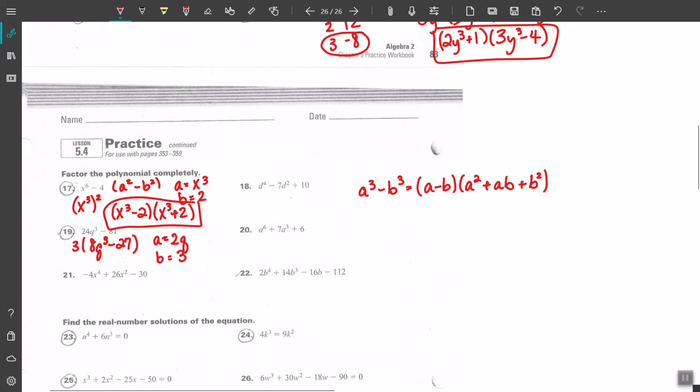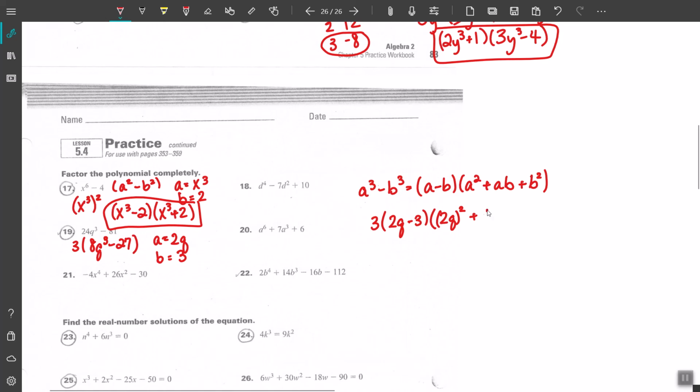So if I come over here, I can't forget about this 3, that GCF I pulled out. So I'm going to rewrite that right now, and then I'm going to follow this pattern with the rest of it. I'm going to say 2q minus 3 times 2q squared. So I'm actually going to put that in a little squared thing right there, so I can come back and do that later.